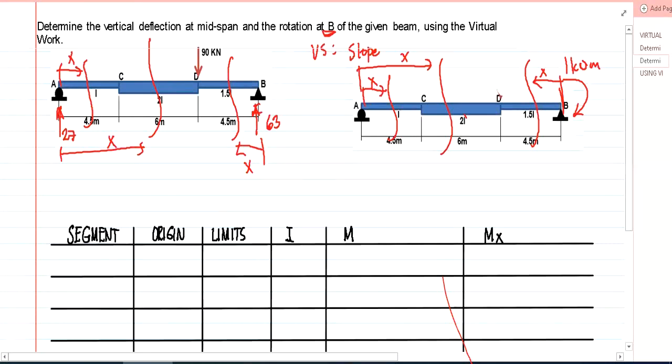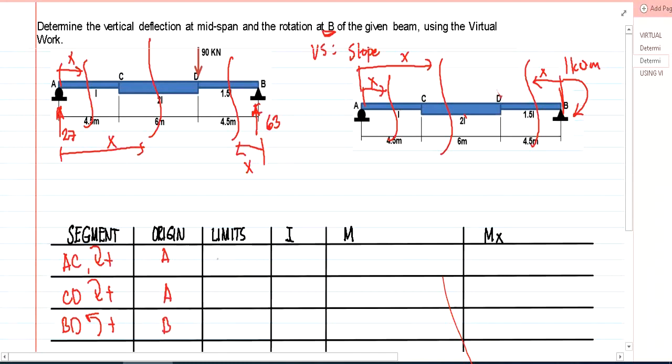So we have segment AC. Let's take clockwise as positive. Segment CD, let's take clockwise as positive. And segment BD, let's take counterclockwise as positive. Okay? So, origin natin dito is from A, yun yung 0 natin, A, and for BD at B. Okay?